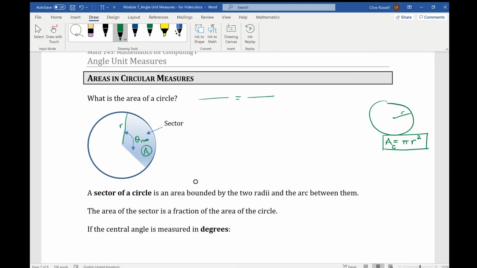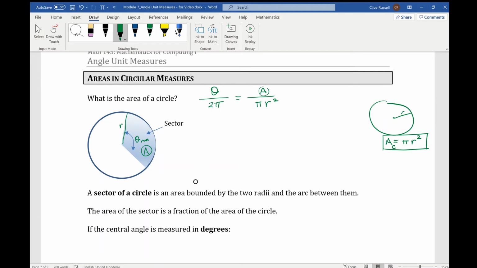We could say that the angle theta is to the whole angle in radians, which is 2 pi radians in the whole circle, as the area of the sector is to the area of the circle, which is pi r squared.